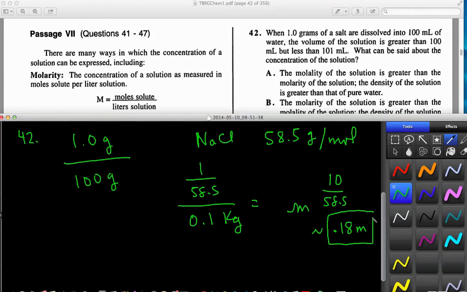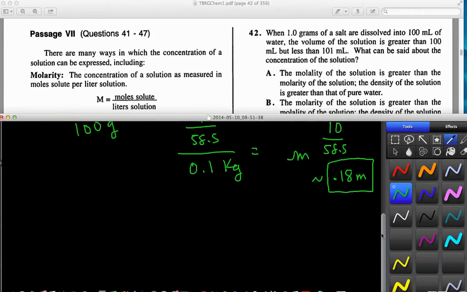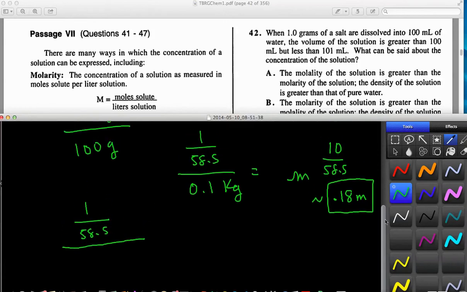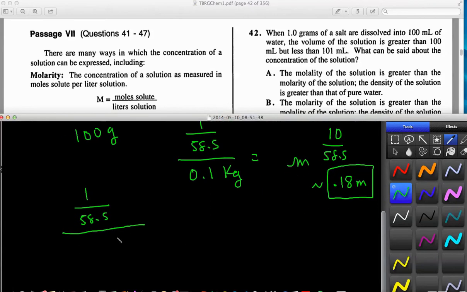What would the molarity be? It would be moles, which is 1 over 58.5, over volume, which would be 0.1005 liters.